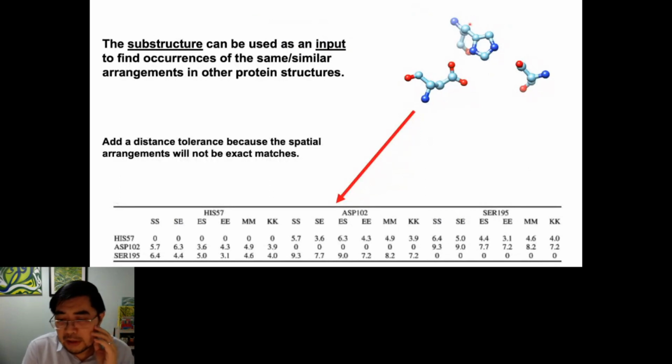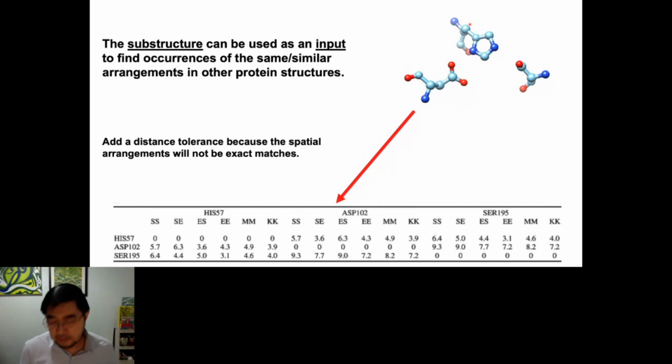But of course, we need to adjust for the fact that the spatial arrangements are not going to be exact matches. So we add in a distance tolerance, and a common distance tolerance that we use in our searches is 1.5 angstroms. However, sometimes we also use a percentage. I'll show you later. For RNA, we'll be using a 30% distance tolerance percentage.